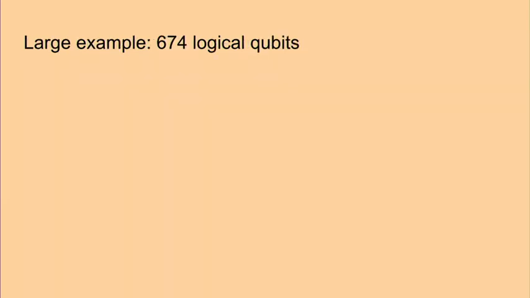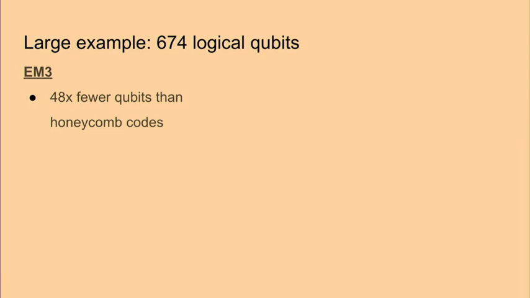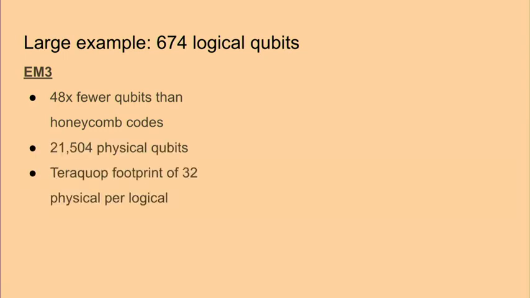And then as a larger example, this is looking at much larger system sizes. For an EM3 noise model, I haven't put the plot in this slide, I'll just summarize it. We can achieve a 48 times saving, using 48 times fewer physical qubits than honeycomb codes with 21,000 physical qubits.